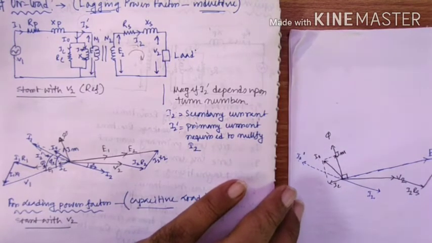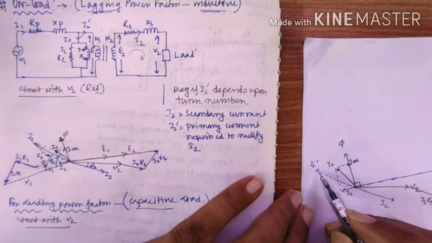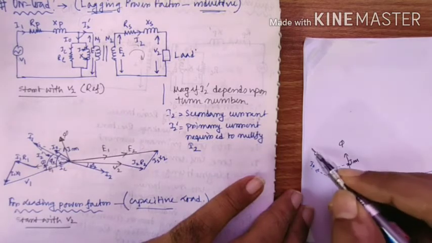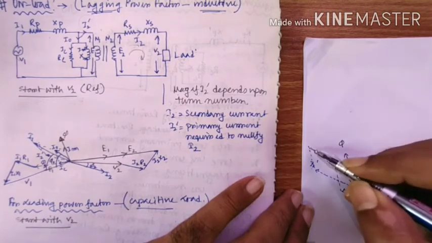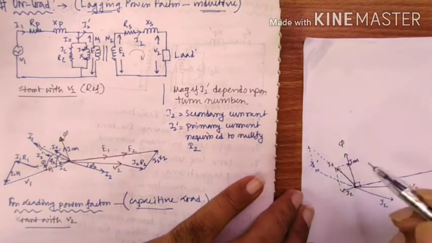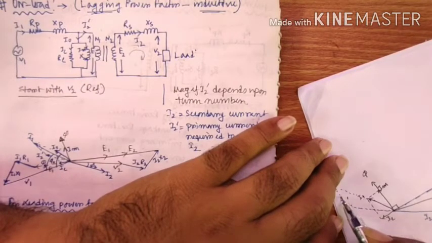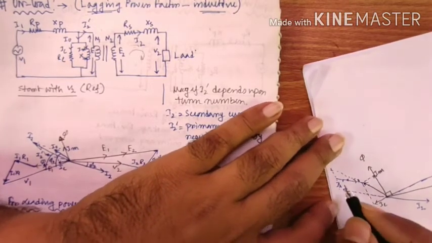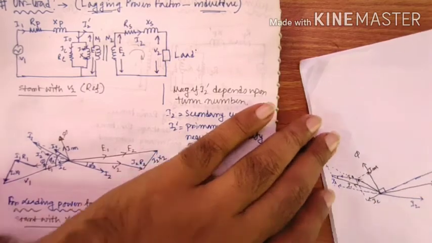So how to draw their summation? Draw the parallel line of this one from this point, maybe this one, and the parallel line of this one from this point, maybe this one. So it becomes this, I1.